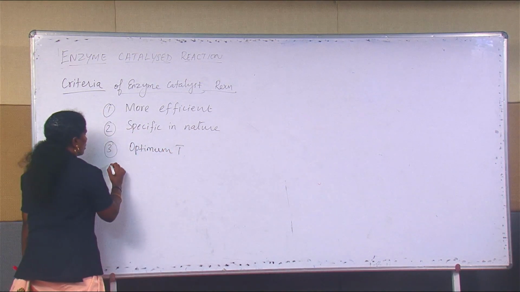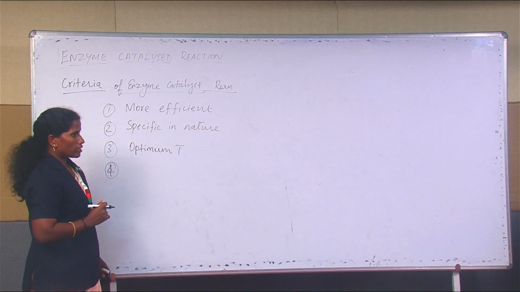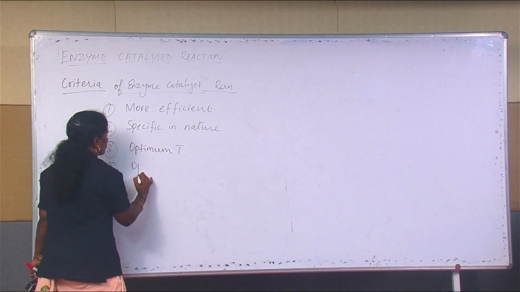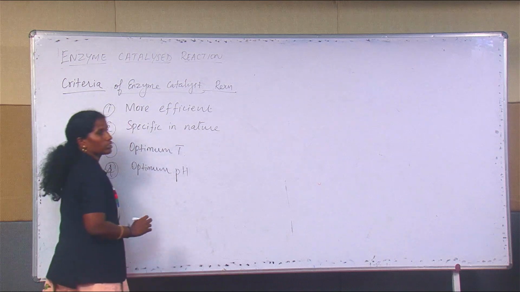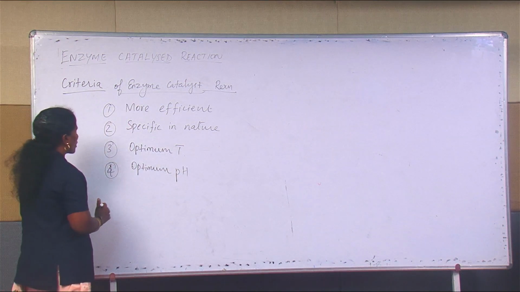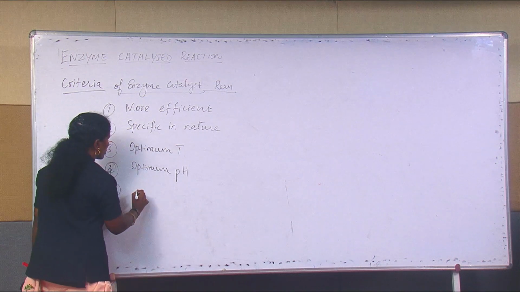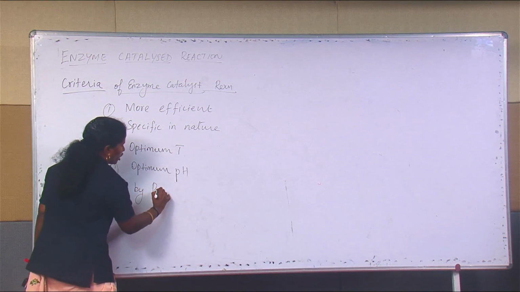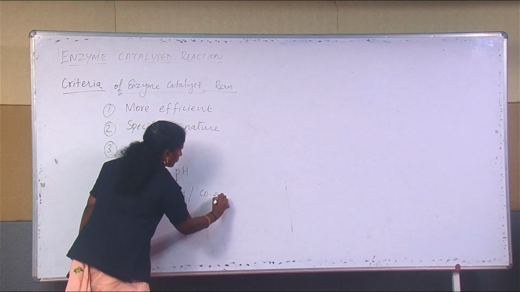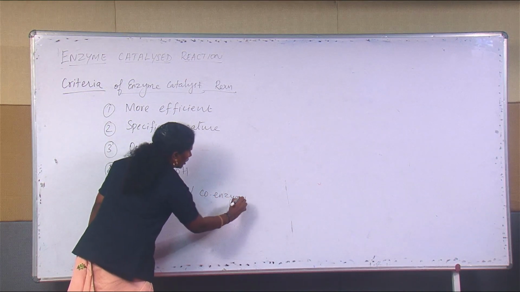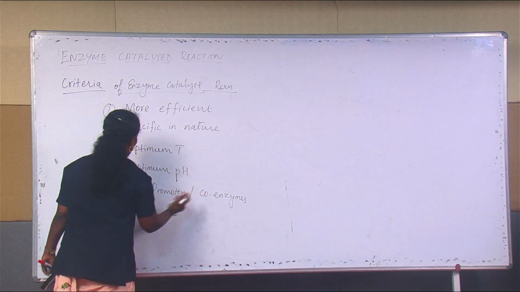Fourth, the rate of enzyme catalyst reactions is very high at optimum pH. Fifth, enzyme catalyst reactions are activated by promoters or coenzymes.